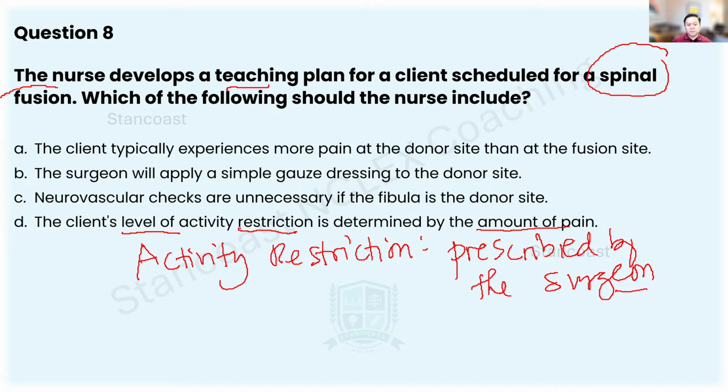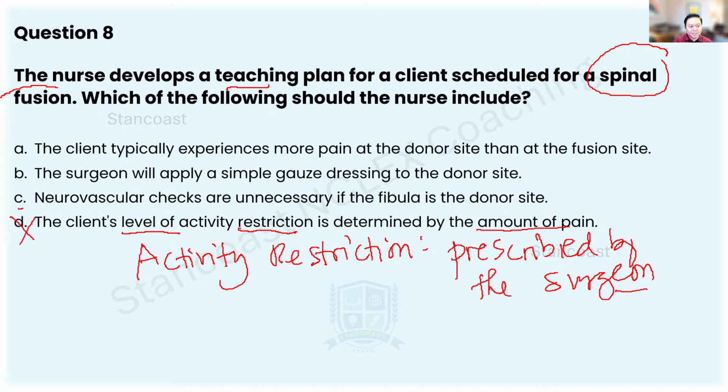No, that would cause more risk of complication if they are allowed to do so. If they are having lesser pain, that would create misunderstanding as far as post-operative care. The rehabilitation here would be somewhat ineffective. So we are eliminating that one.